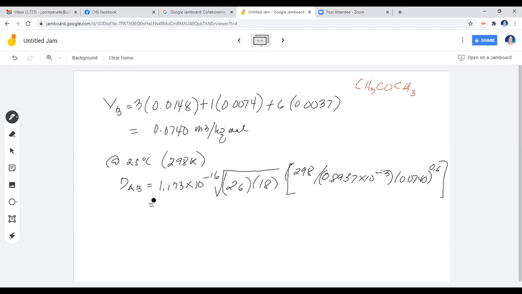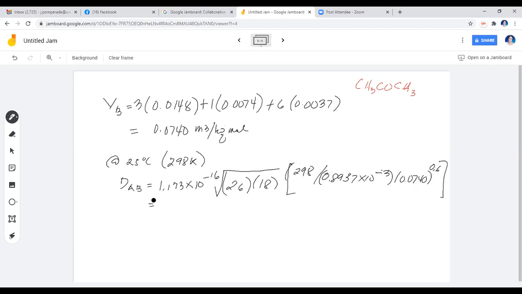So let's say we check the value that we're getting times 18. We get the square root of that. We multiply by 1.173 times 10 raised to negative 16, and multiply it by 298. We divide it by 0.8937 times 10 raised to negative 3, and we divide it by 0.0740 raised to 0.6.